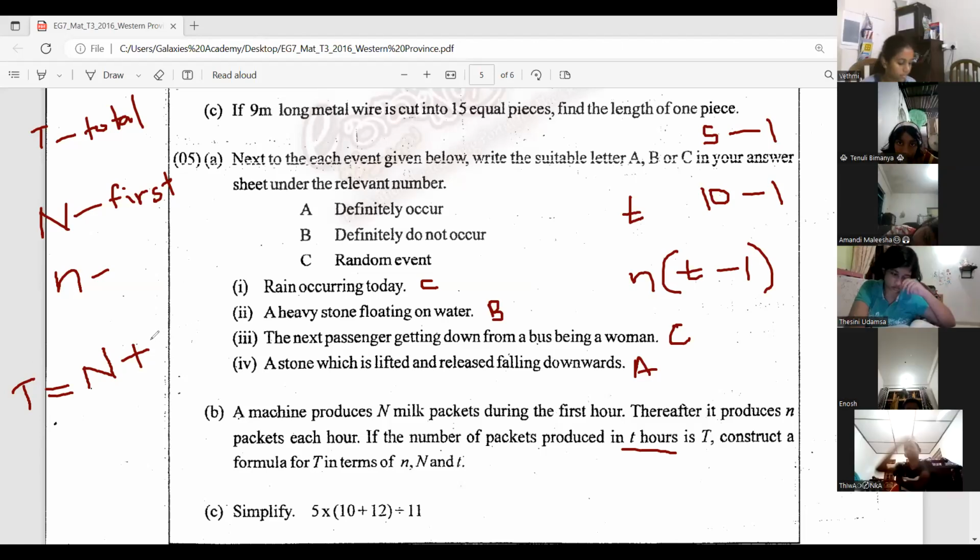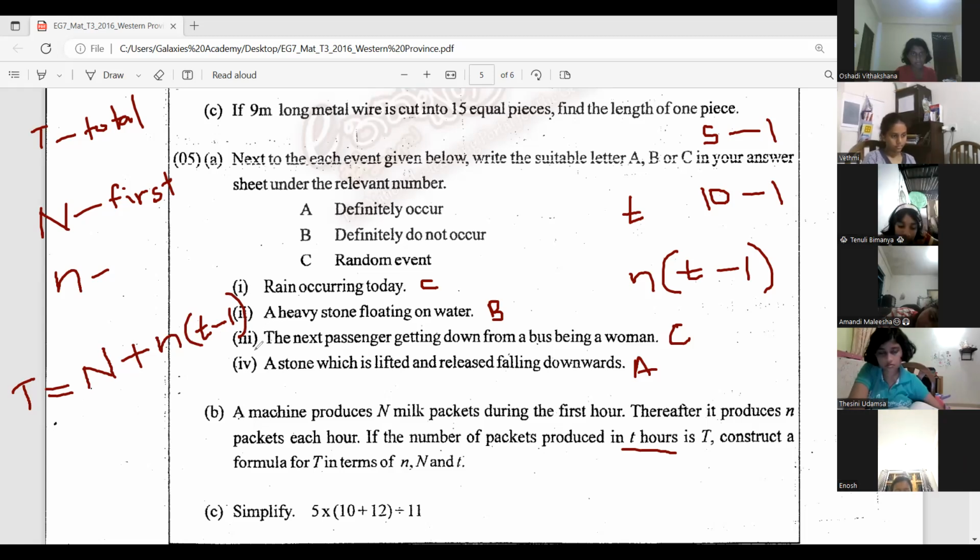So what is your equation, formula? This one. Capital T equals capital N plus simple n bracket t minus 1. T minus 1 means after the first hour, how many times produce?